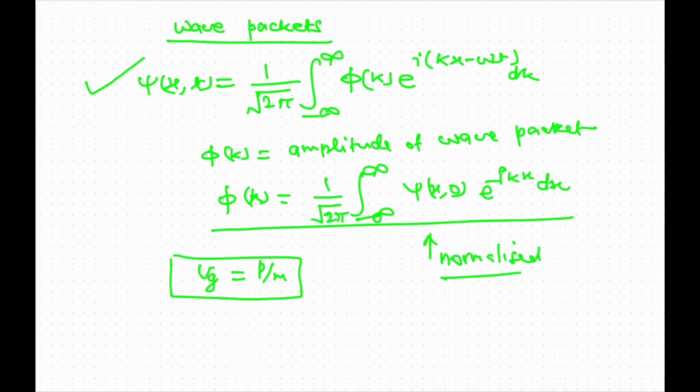Thus we see that if we take the wave function in terms of the wave packet instead of individual plane waves, then all the conditions like the Heisenberg uncertainty principle, normalization conditions, as well as the group speed of the plane waves and the particle wave, are all fulfilled.